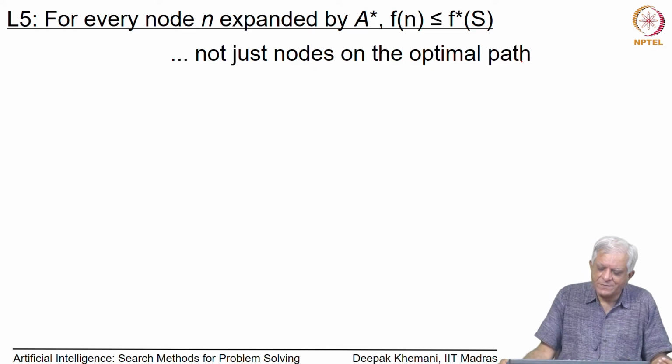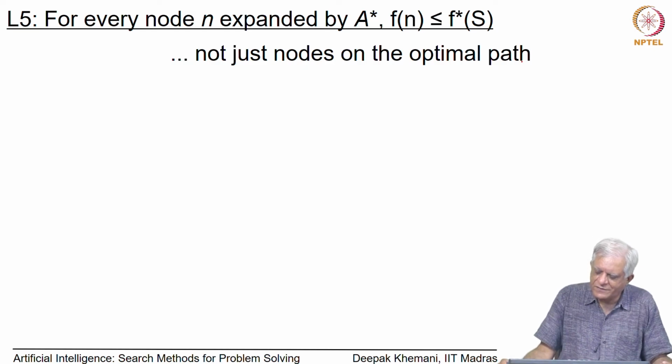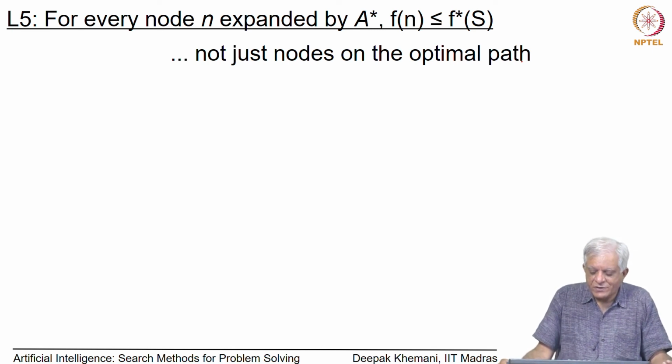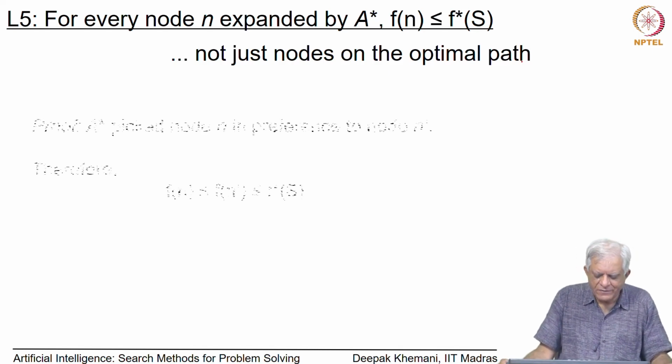So, this is not just for the nodes which are on the optimal path, but A star only picks those nodes whose estimated cost of the final solution, remember that f of n stands for a path from start to goal passing through the node n, is less than the optimal cost. In other words, it gives us an insight that it will not go off in the wrong direction too much eventually.